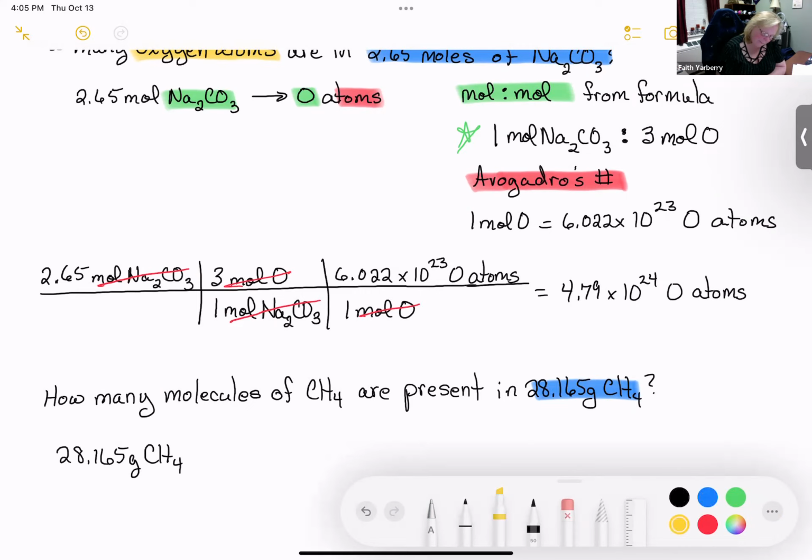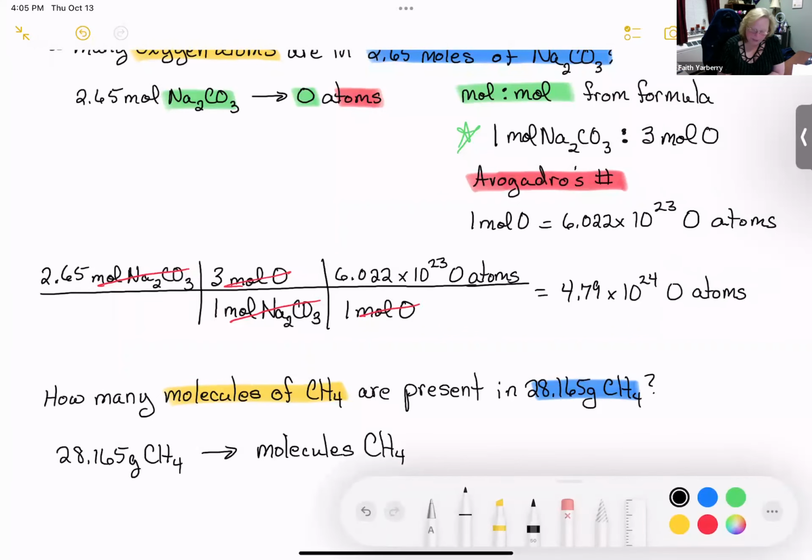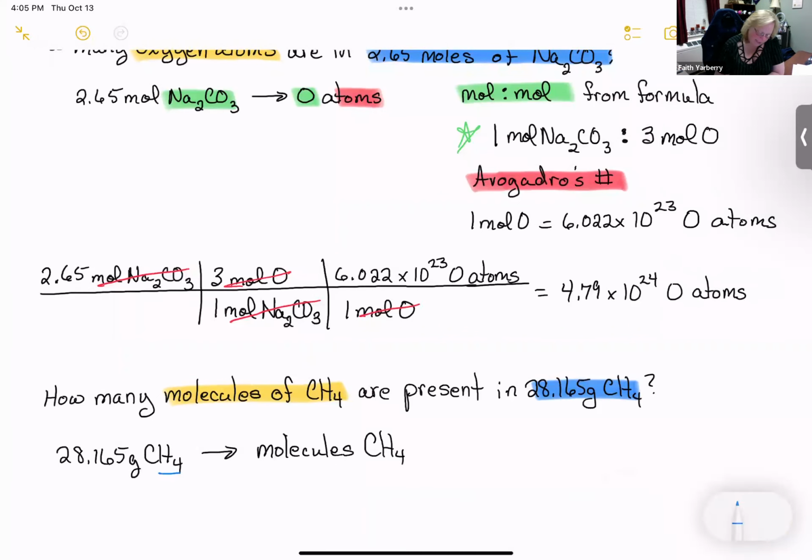I need molecules of methane. And this is where I start using that 1 through 3 again to figure out what conversion factors I need. So the very first thing I see is that my substance is identical. I don't need to worry about the substance in this case because it's the same substance.